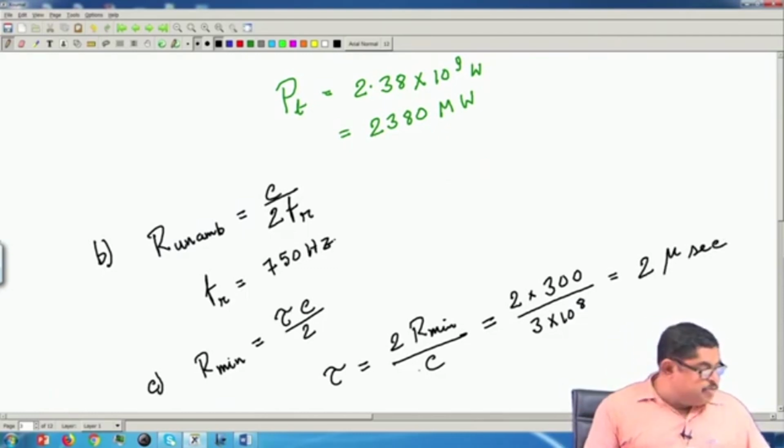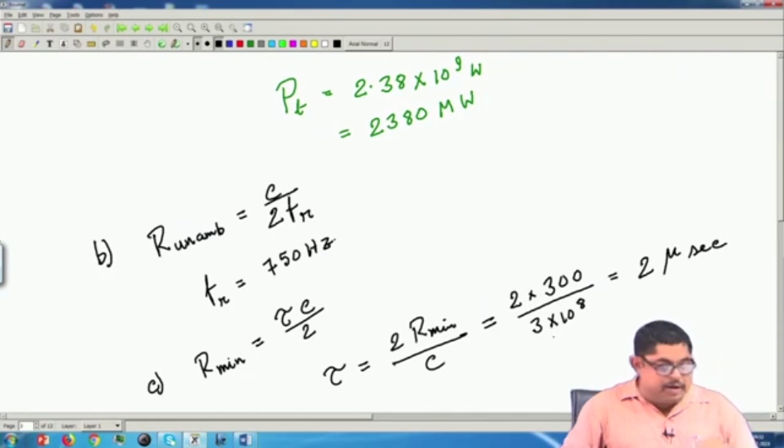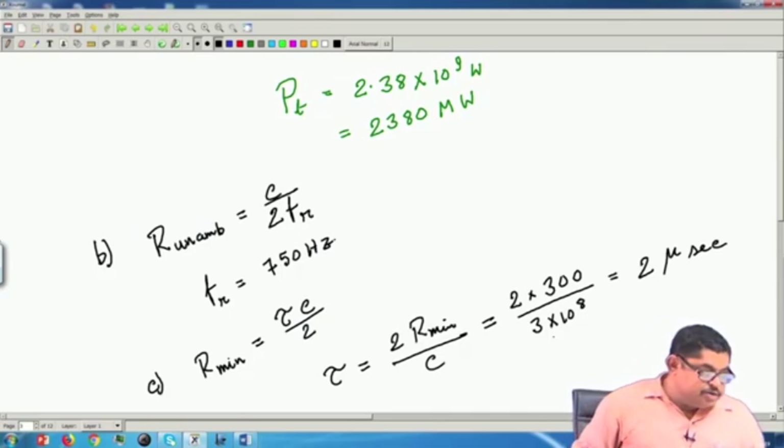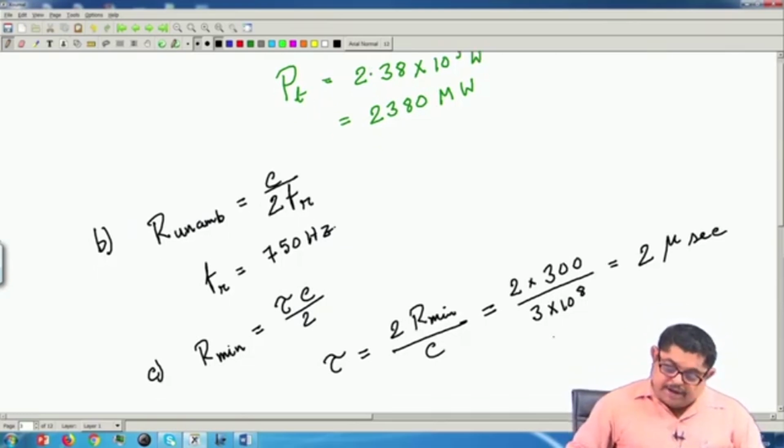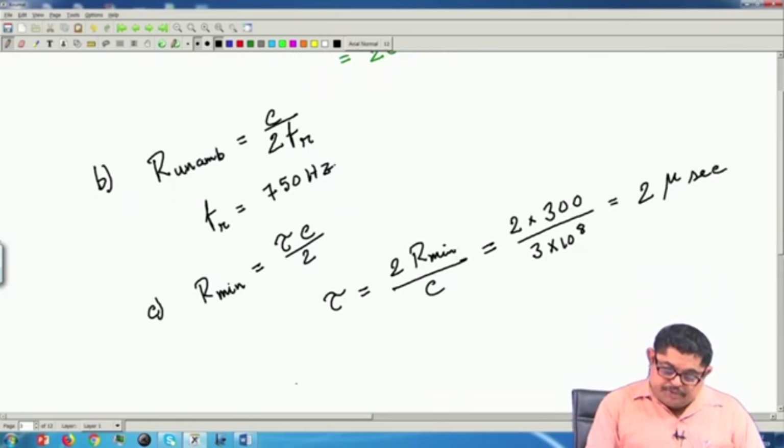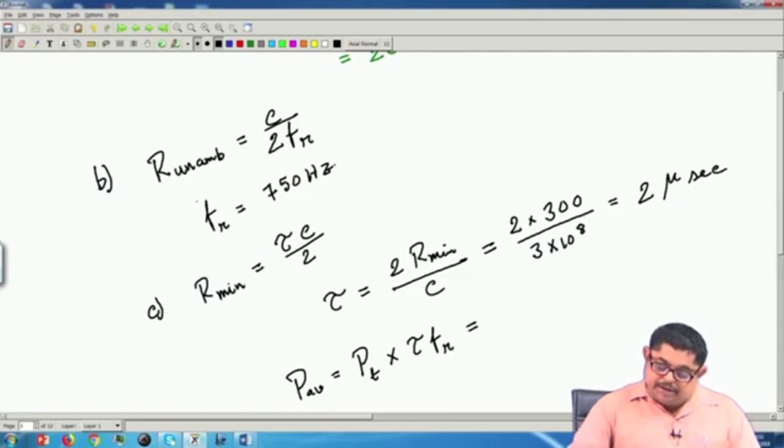Okay. The moment the pulse width is done, and we have already found the PRF, we can find the average power. We have seen that P average is P t into tau into Fr. Now all these are available. P t we already calculated, tau here and Fr here.